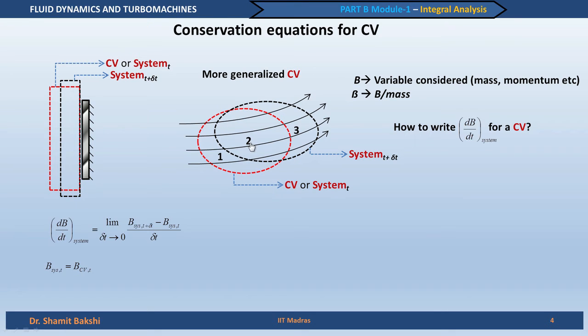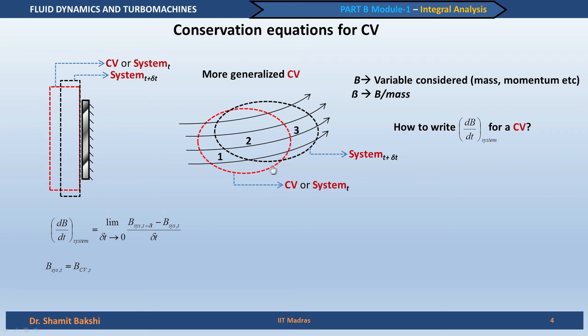The second region is the common region between the system at time t plus delta t and time t. This is basically the intersection of these two positions of the same system, bounded by the black dashed line and the control surface boundary. Region 3 is a subset of the system at t plus delta t, but not of the control volume. This is the region bounded by this black dashed line and the red dashed line here.